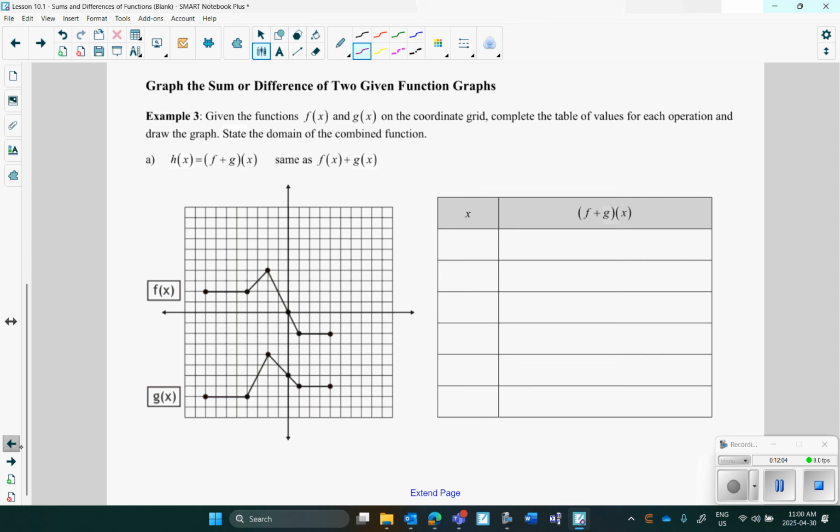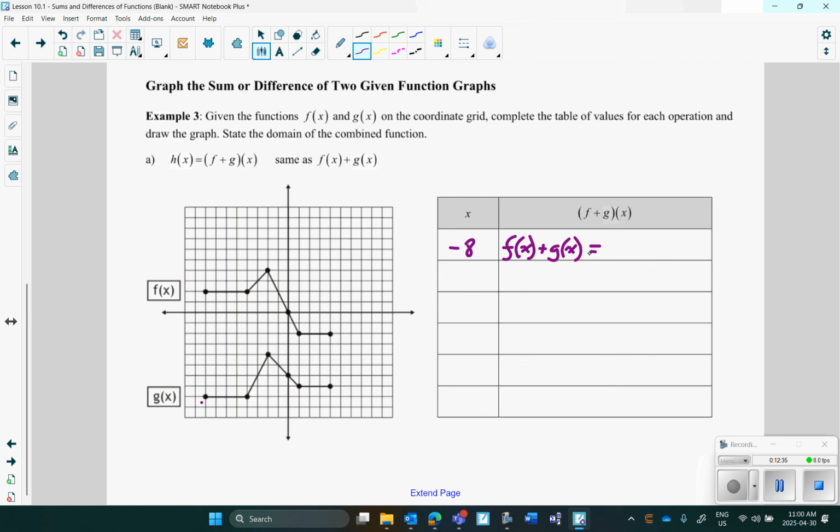Let's start on the left. What's the x coordinate of these 2 points? -8. And remember, f plus g of x is the same as f of x plus g of x. Well, at -8, what's the y value of f of x? 2.